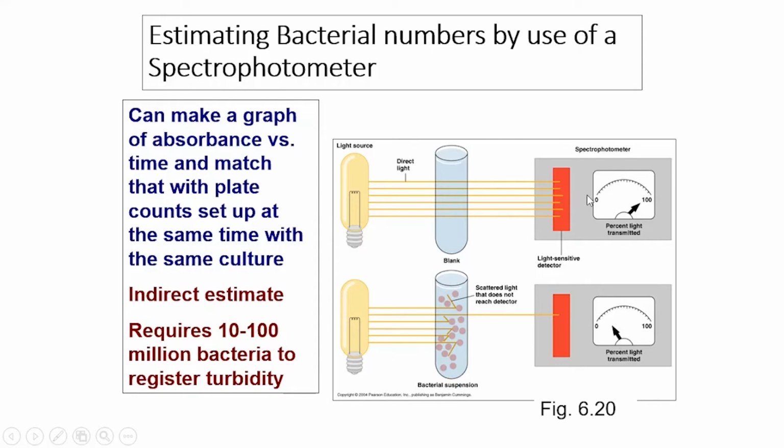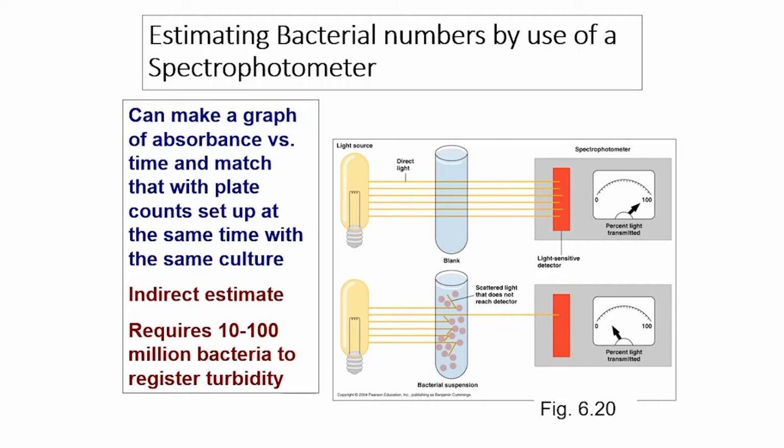And we put in a sample with bacteria, and we shoot the same light through, and bacteria like to absorb at certain wavelengths. So if we measure the drop in transmission, the absorbance, we can say, oh, this is how many bacteria are in that sample, because they're absorbing this much light on this wavelength. Do a little calculation, and we figure out how many bacteria are in the sample.